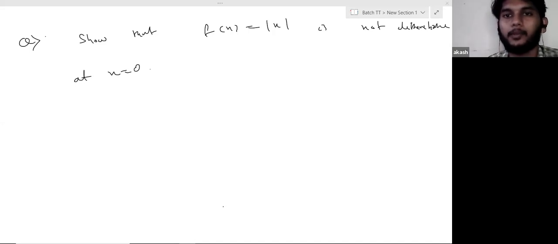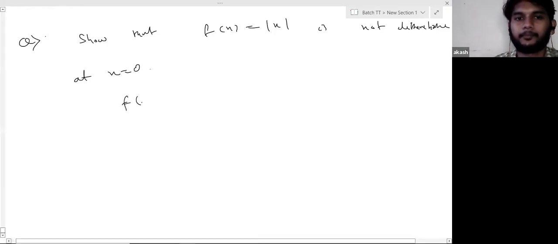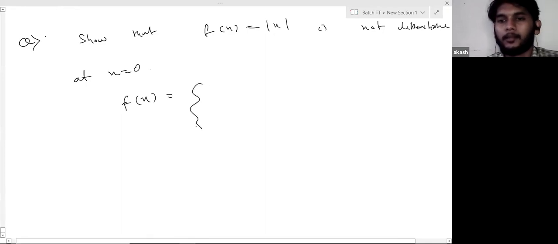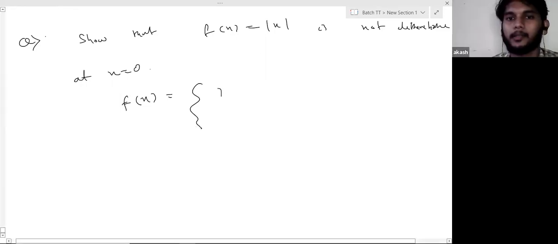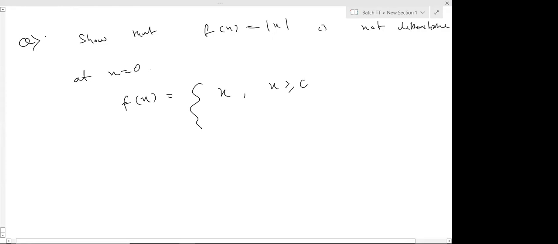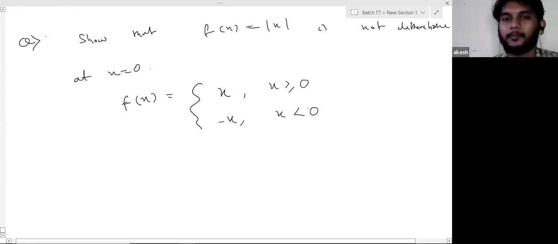So again, whenever you see a modulus function, what do you have to do? Open the modulus. Absolutely right. Very simple. So this modulus will be opened as x when x is more than 0, minus x when x is less than 0. All right, Ryan, this is clear?